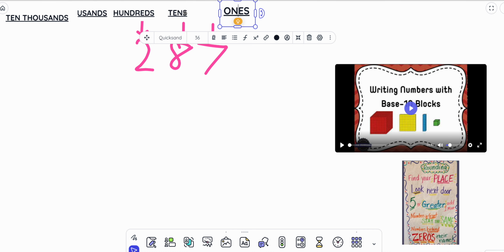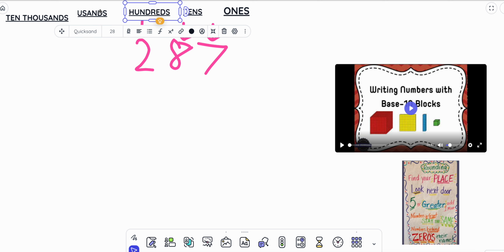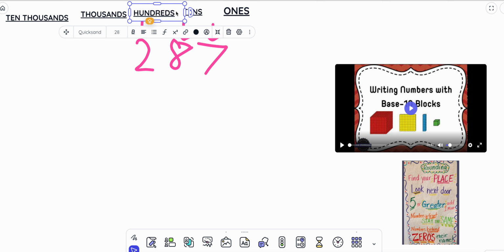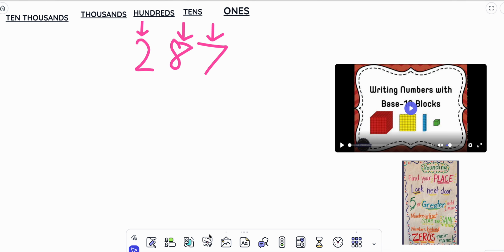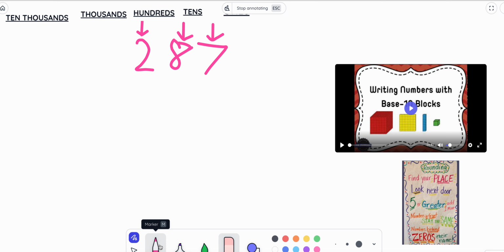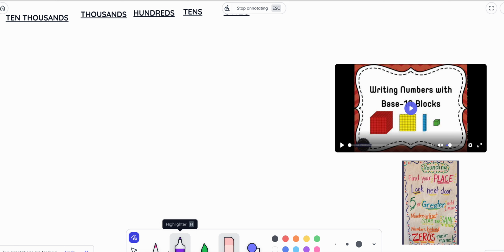So I'm just going to move all of this over just a little bit to fit. Okay. So my drawing's a little off, but everything has a value.